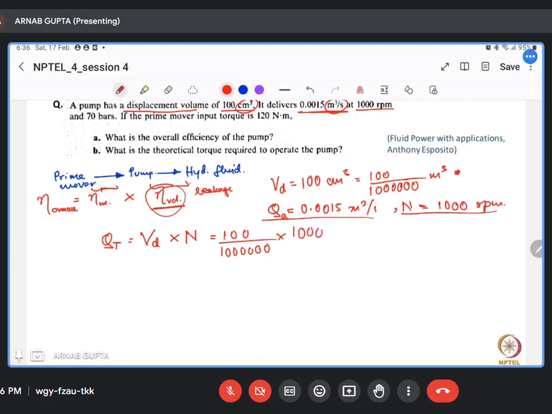This is given in meter cube per second, and hence you have to convert this minute to a second term. So 1000 divided by 60. So what will this come out to be? Can you just do a quick calculation? I hope that you're also solving along with me. Lokesh or Bongani, what will be the value of QT here once we do this calculation?